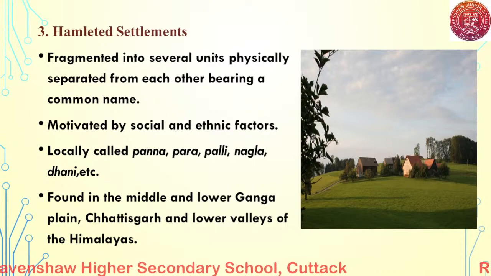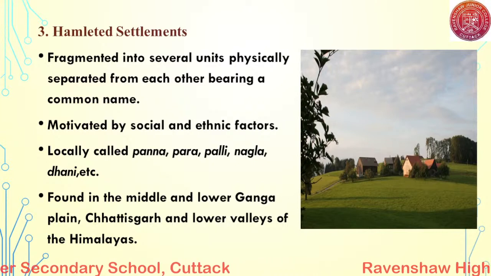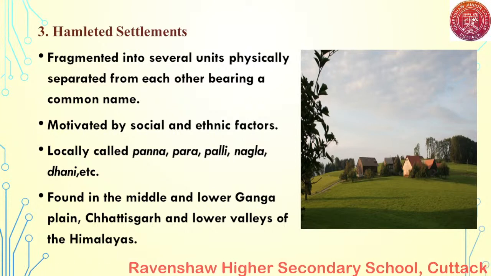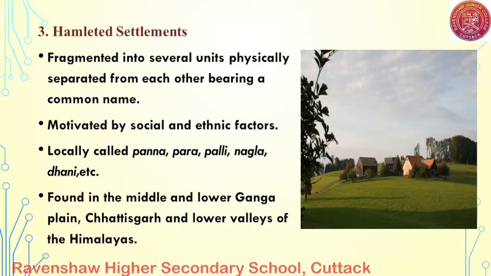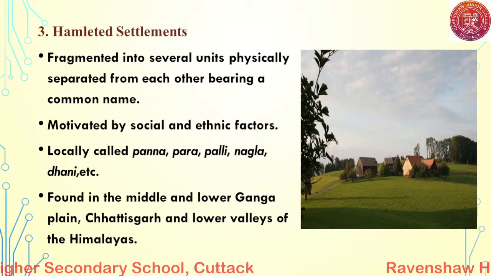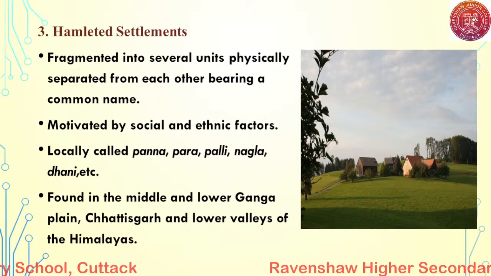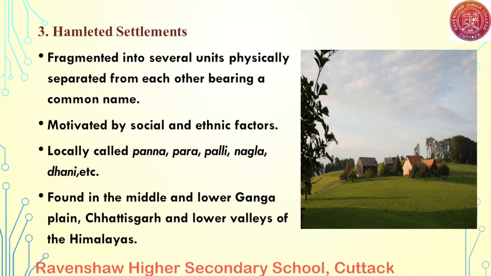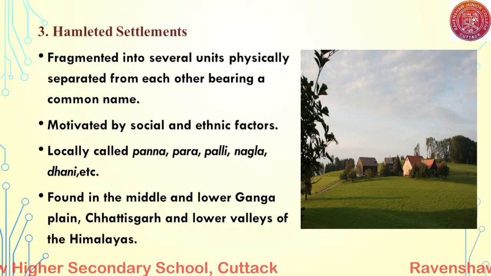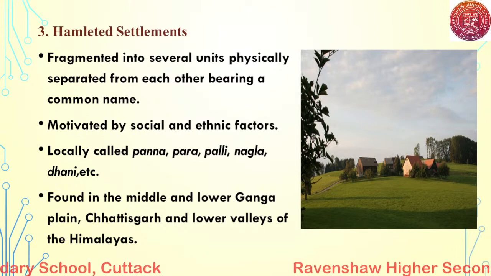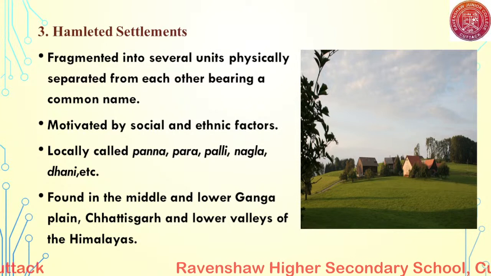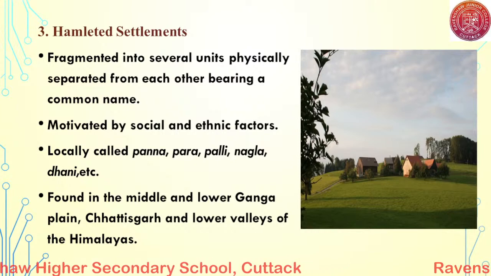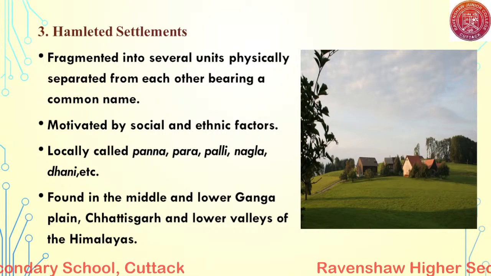Hamleted rural settlements have different local names like Pana, Para, Palli, Nagla, Dhani. These are the different names which are given to the hamleted settlements locally. Hamleted rural settlements are found in the middle and lower Ganga plain, Chhattisgarh, and the lower valley of the Himalayas. This is about the hamleted rural settlements. Next.